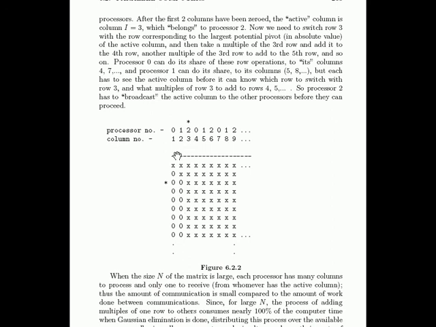All the processors need to know the active column, so they can keep up. Processor 0 has columns 1, 4, and 7, and if 1 is already taken care of, then 4, 7, 10, etc. If it's a large matrix, that may be a lot of columns.